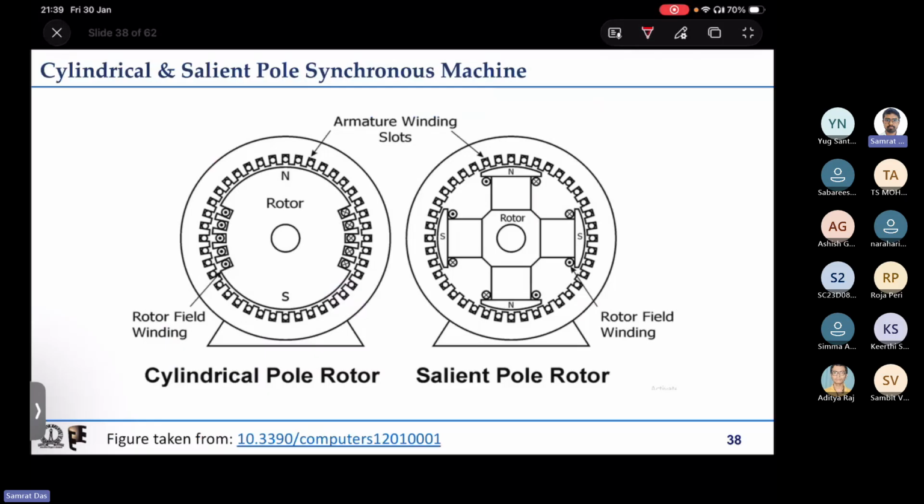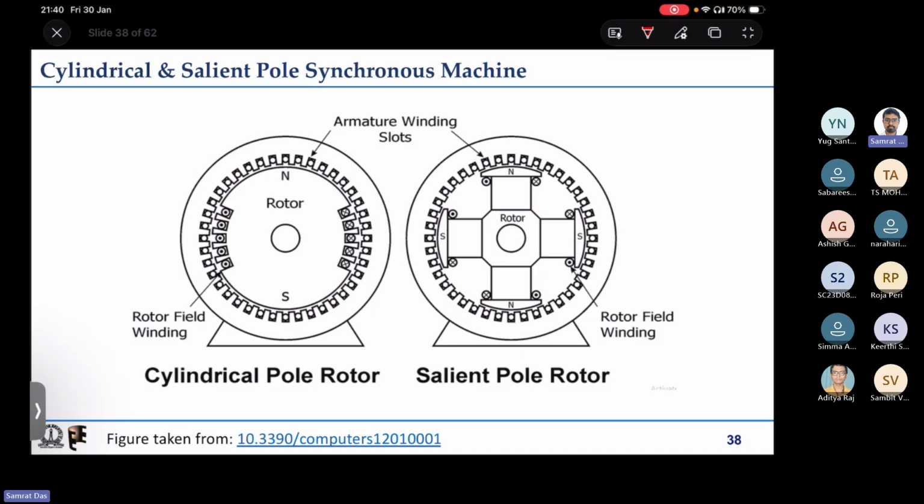Now we understood that we can either have a cylindrical rotor and make winding like this, and realize an electromagnet basically, or we can have salient poles like this, whatever I discussed earlier. So is there any difference between these two?